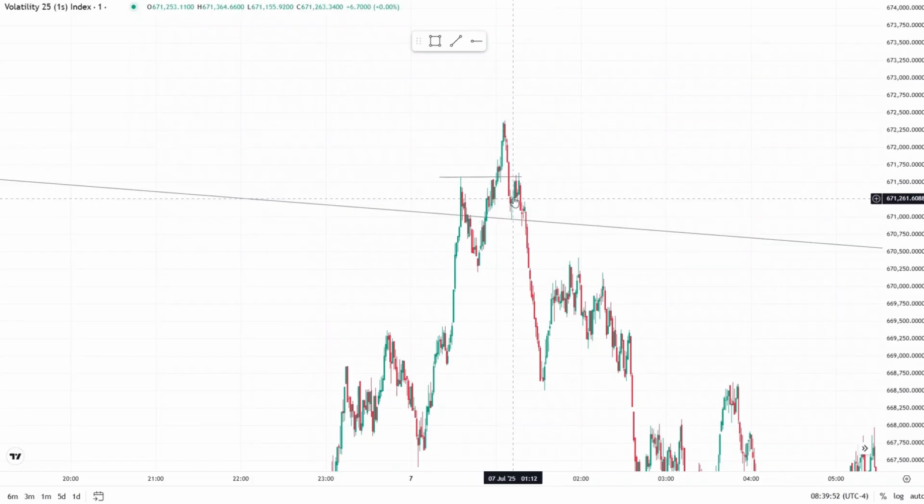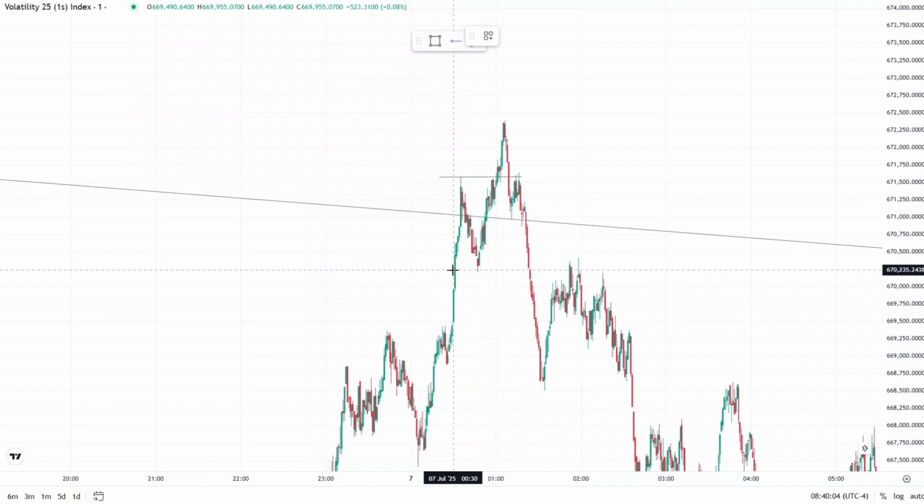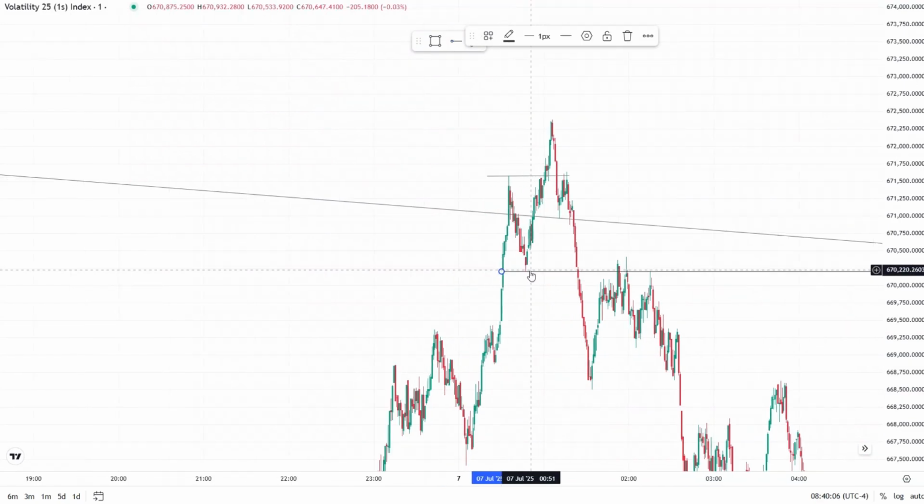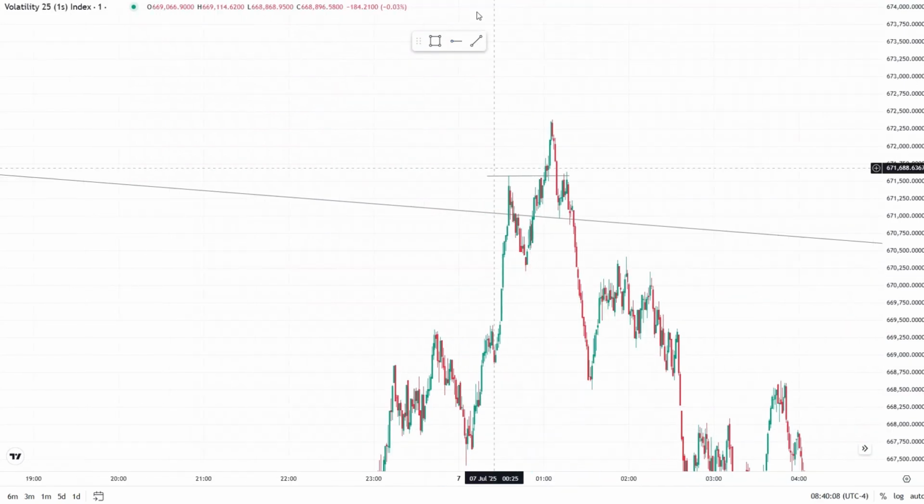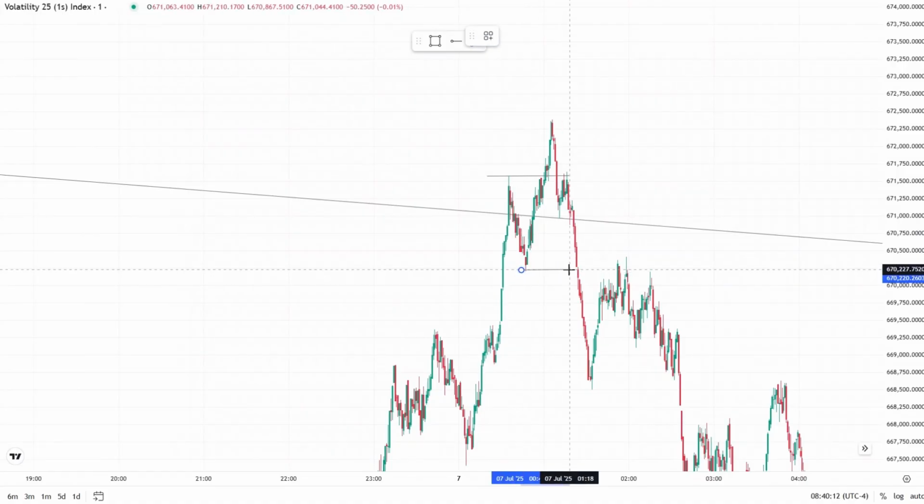It hesitated a bit here, but we saw volume kicking in, and then some hesitation here, and then after that, price broke market structure there. But wait a minute, we're not going to use that to trade.